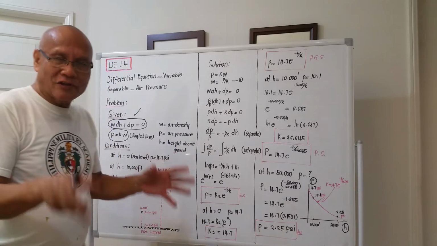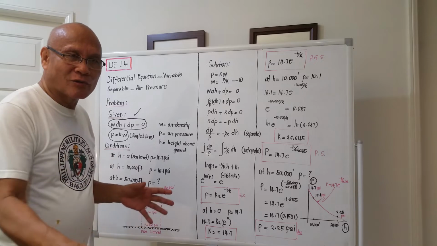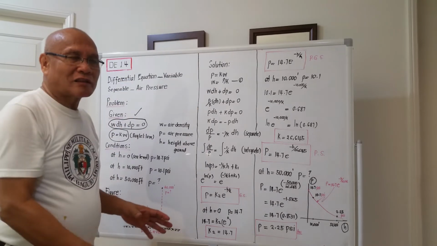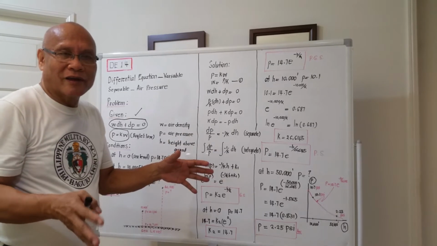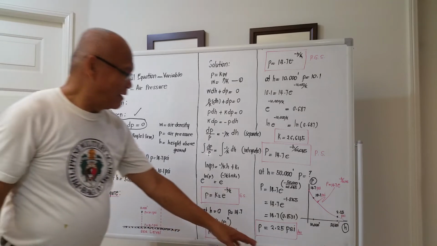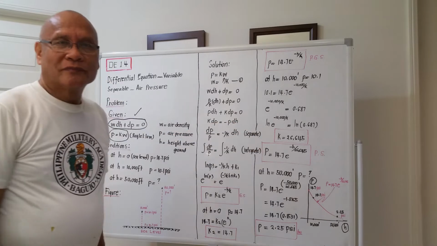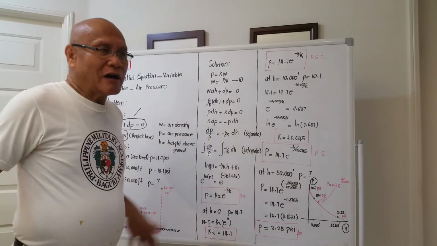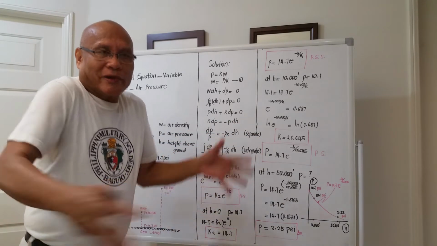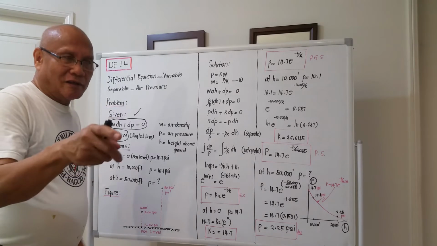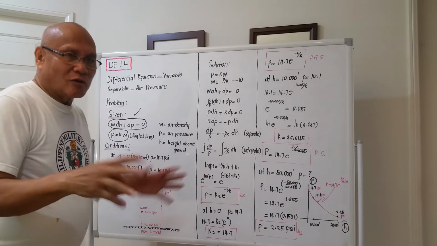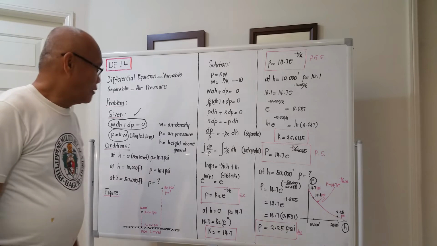That's why the pressure inside the airplane is pressurized. Because at 30,000 feet the pressure is too low, and our body might explode. If the pressure in our surrounding is too low, we might explode. That's why the inside of the airplane is pressurized. Okay, let's proceed.